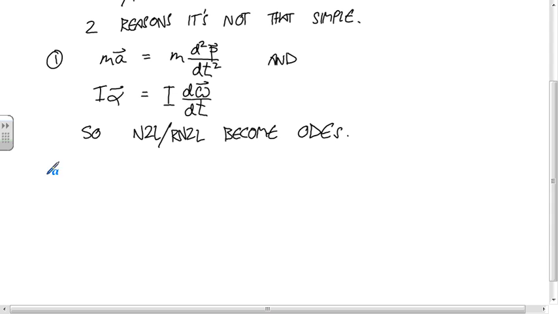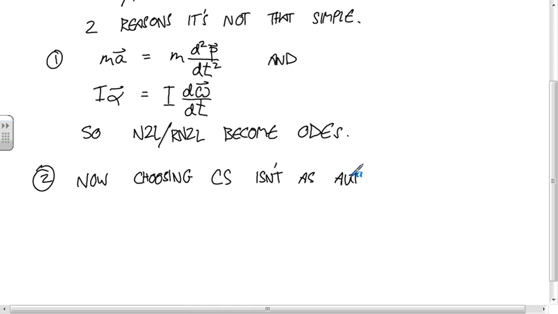The other thing that happens is, now that things are moving around, it's not as automatic to choose a coordinate system, because things can be moving in different ways. Do you fix a coordinate system to the ground, or do you fix it to one of the bodies? So now choosing the coordinate system isn't as automatic as it was in statics.